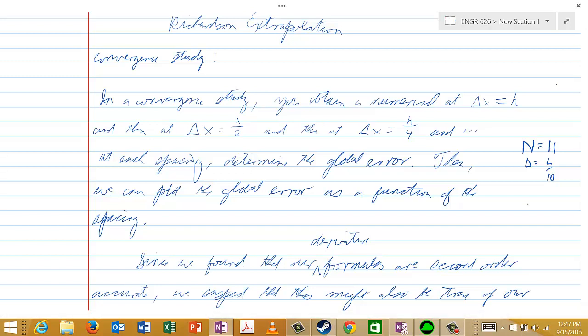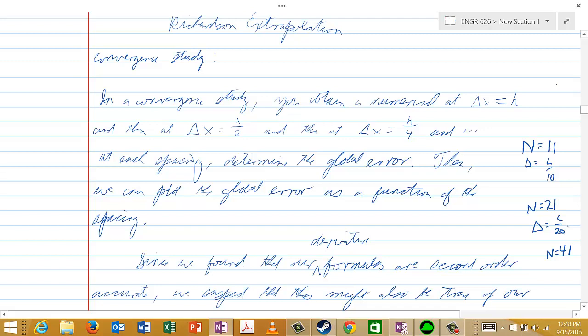Well, it should be 21, because if we take n equals 21, then delta would be L over n minus 1, so delta would be L over 20. And then the next value would be n equals 41. So with each successive solution, we're almost doubling, but not quite doubling, the number of nodes. Just keep that in mind, and that will give us the desired halving of delta with each successive solution. Okay?